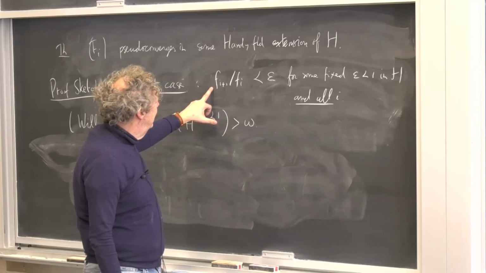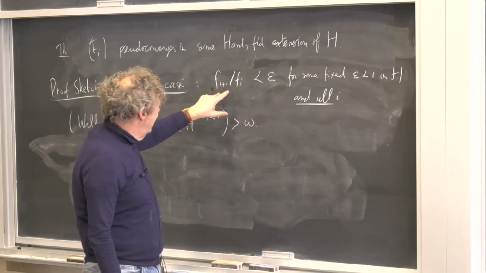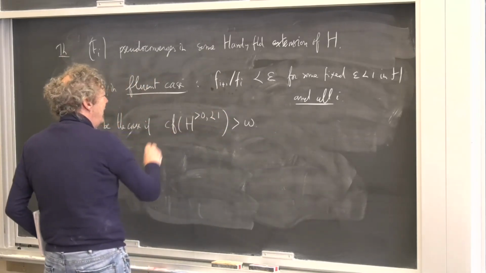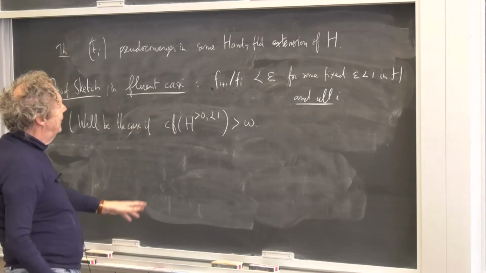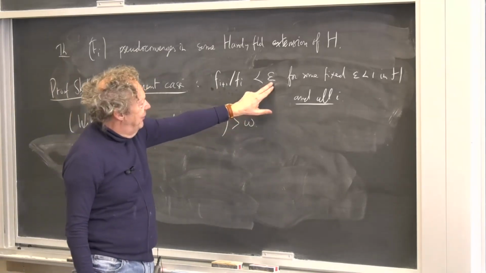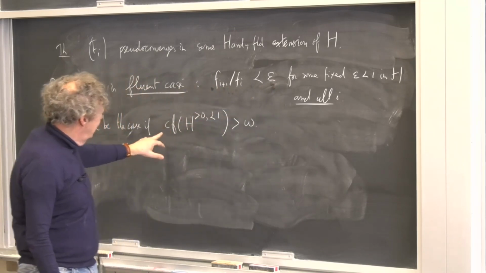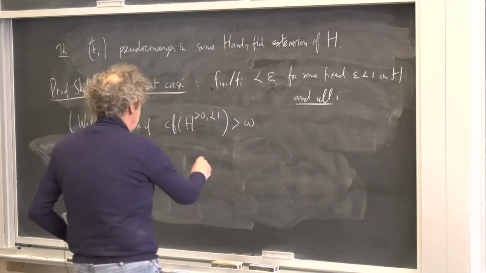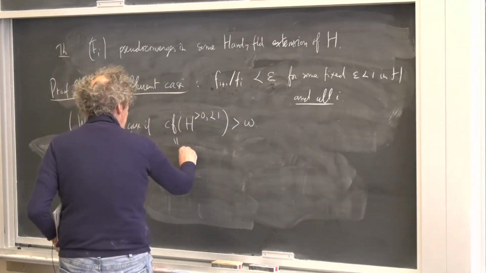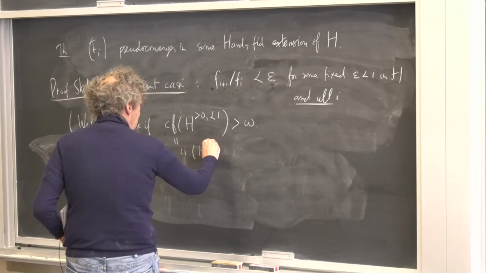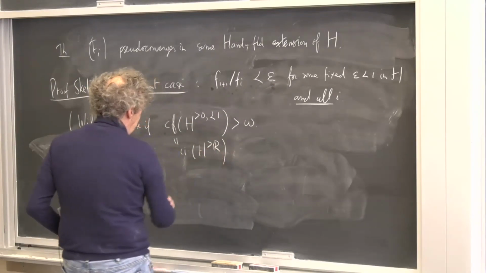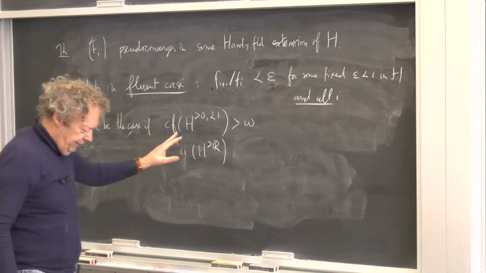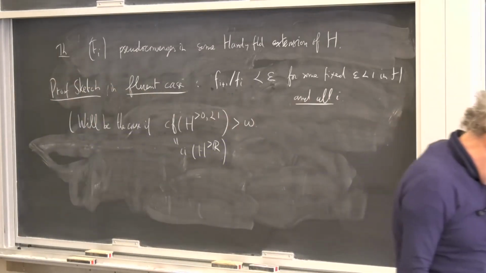Wait, they're all, right. It's the cofinality that should be bigger than omega, because you want a big infinitesimal. Of course, this is the same as the co-initiality of H being bigger than R.